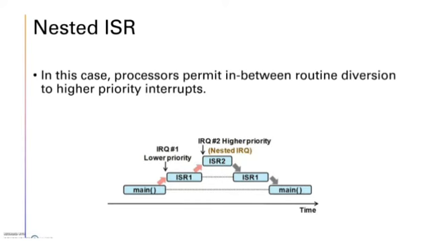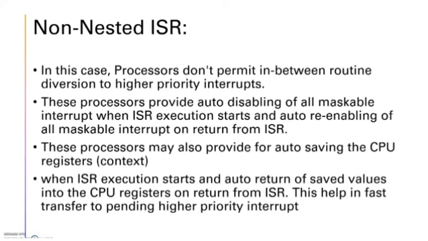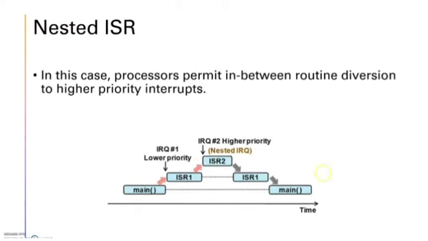Now non-nested means, in this case the processor doesn't permit in-between routine diversion. That is, when ISR1 is executing, only after finishing ISR1 will the processor look into the other interrupts.